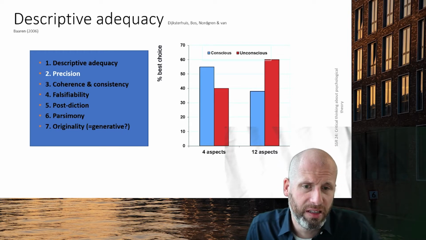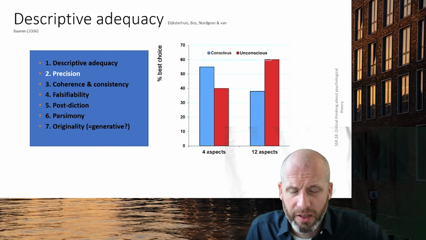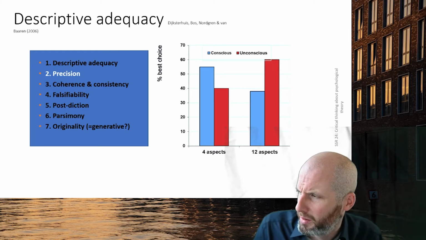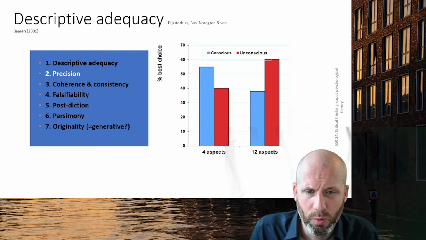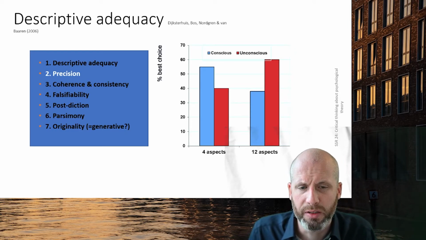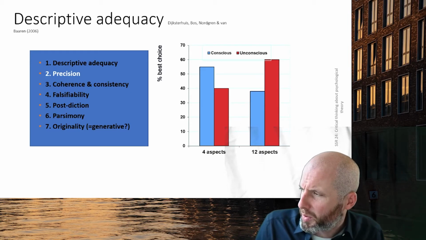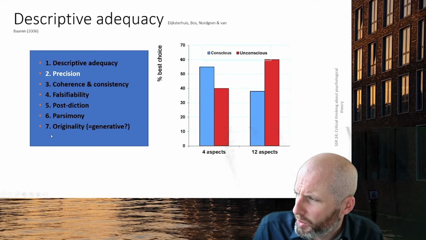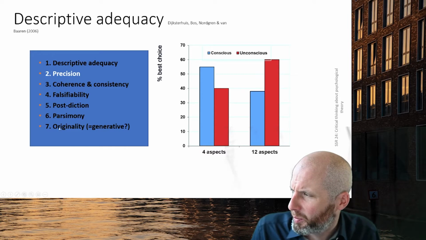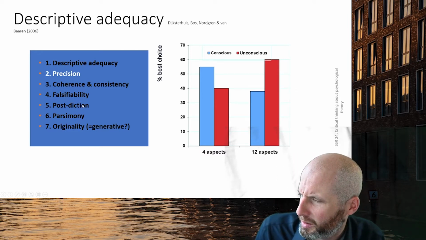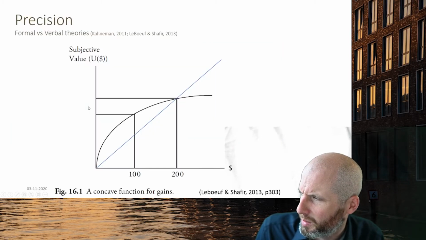Instead, it could lead to conflicting predictions, even given the same one-word explanation, right? So that also shows you why you should be more precise, because a more precise theory can be better tested, and it allows you to better differentiate between competing hypotheses as well.